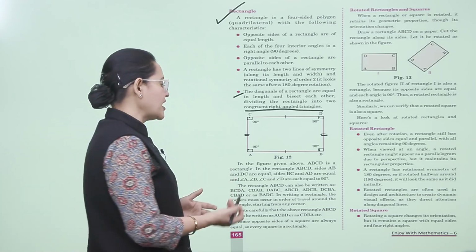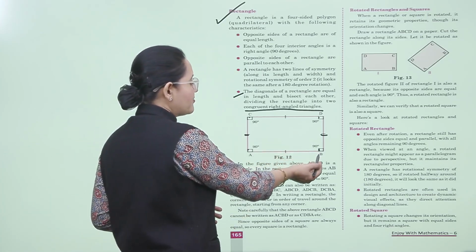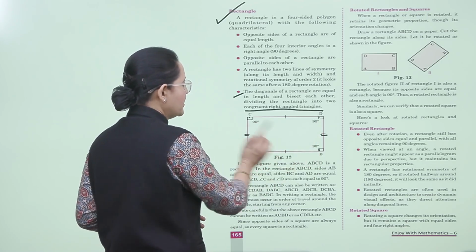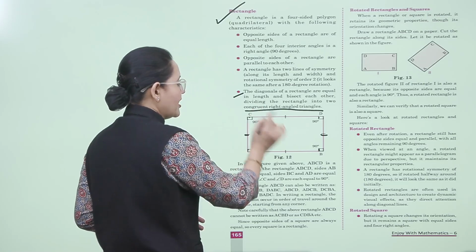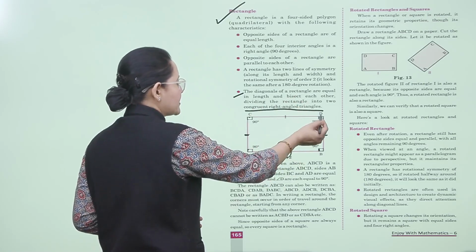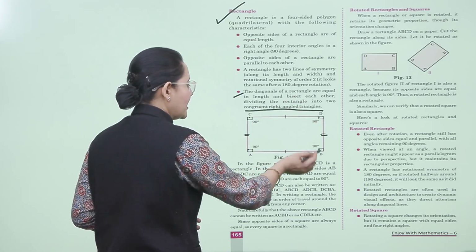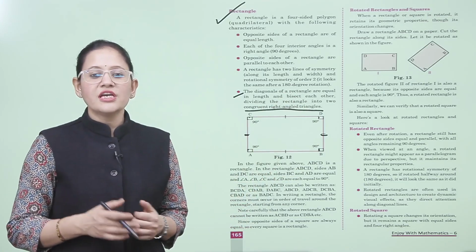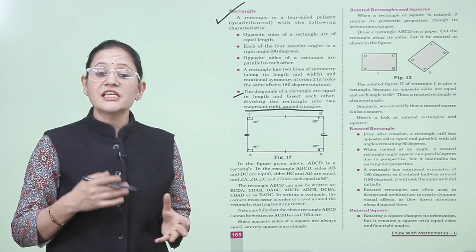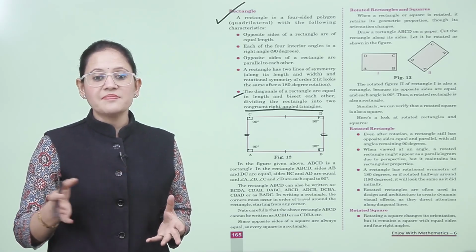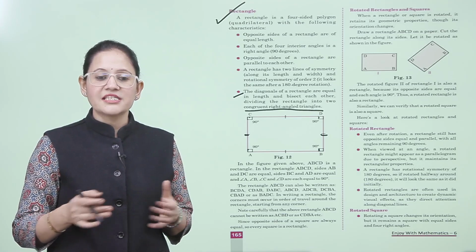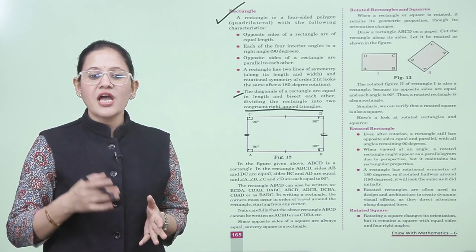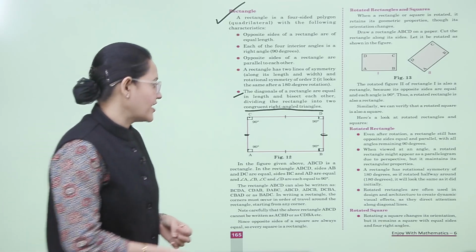So, we can start with any corner, but I can't write BDCA or BCDA out of order, it should be in order. Start from here, DCBA, like this. Clear? Note carefully, the above rectangle ABCD cannot be written ACBD or CDBA, etc. Since opposite sides of the square are always equal, every square is a rectangle.